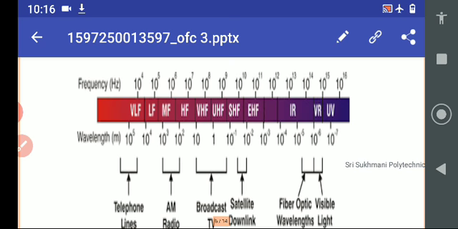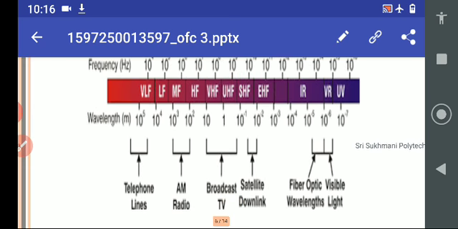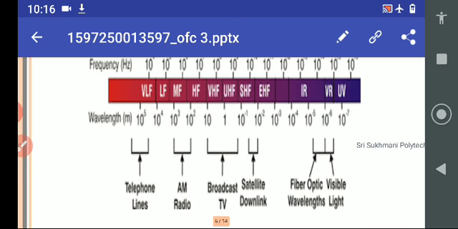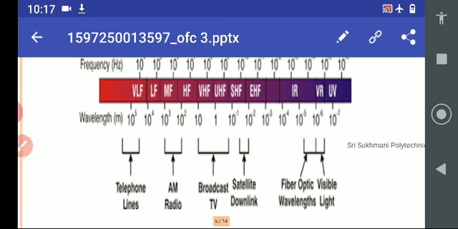So this is another explanation for different wavelengths. Among the various selected wavelengths, we have different applications. For telephone lines, we have a set of frequencies in the form of very low frequency, VLF. Similarly, for AM radios, we are making use of medium frequency and high frequency.